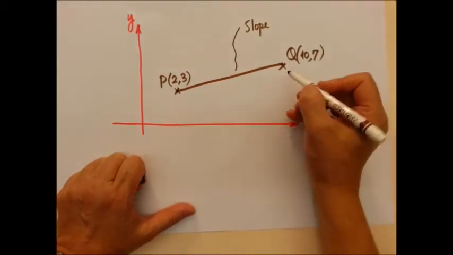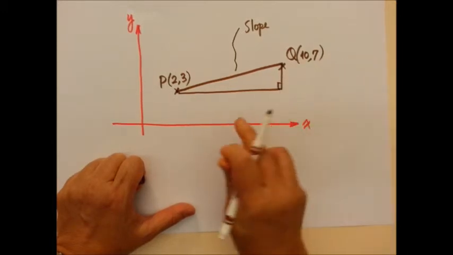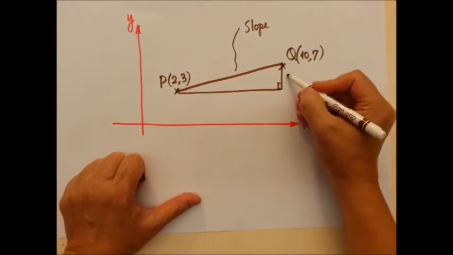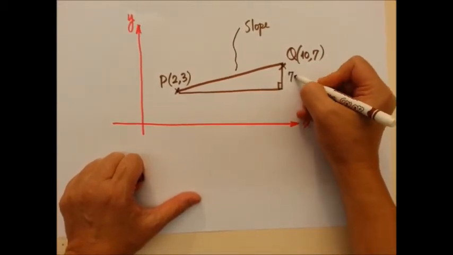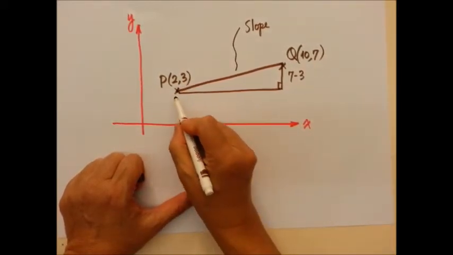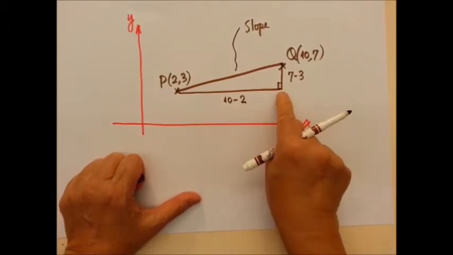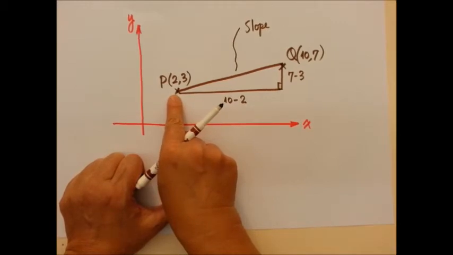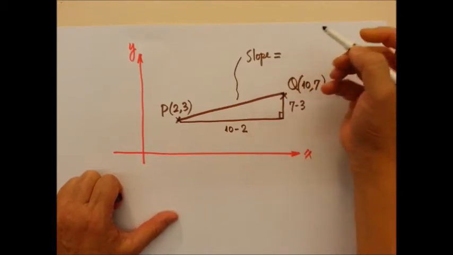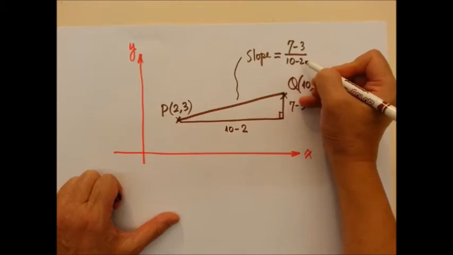The slope is equal to, first, draw the right angle triangle like this. And here, the vertical distance is 7 minus 3, y2 minus y1. And the horizontal distance is 10 minus 2, x2 minus x1. So we can get it. Slope equal to 7 minus 3 over 10 minus 2.